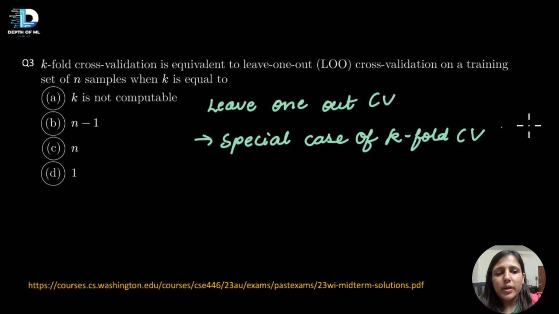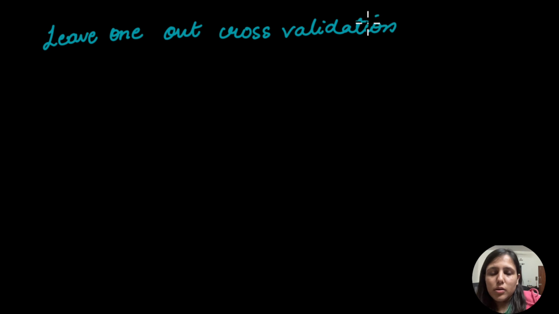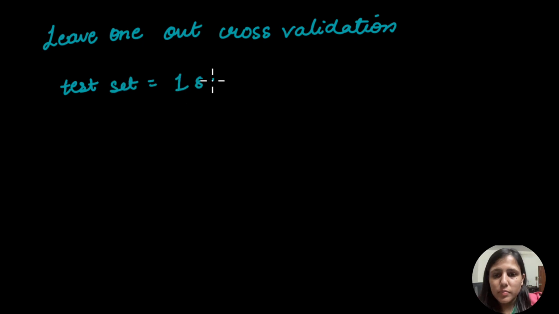Let's revise once again what happens in leave one out cross validation. So let me take a new slide. In leave one out cross validation, our test set has just one sample.